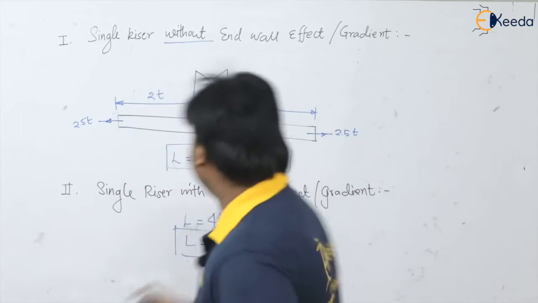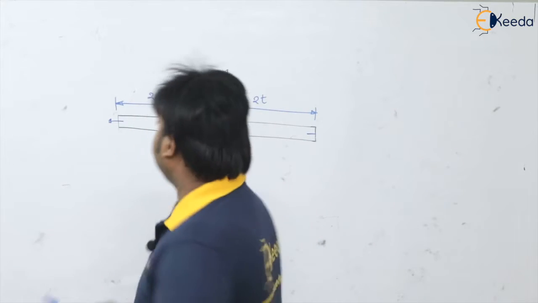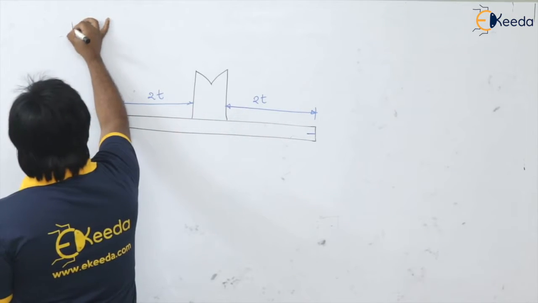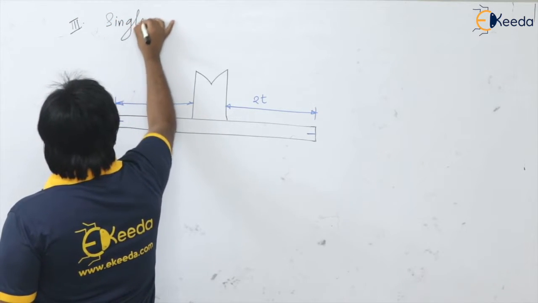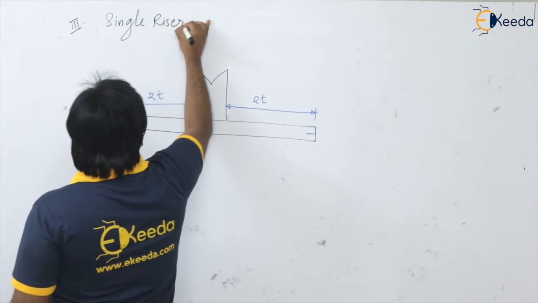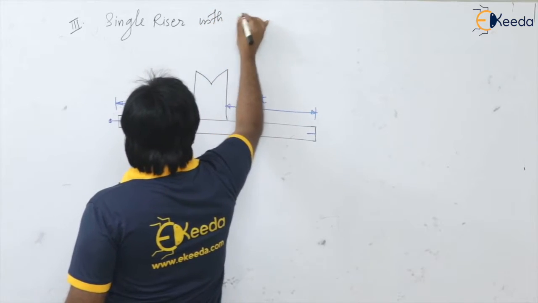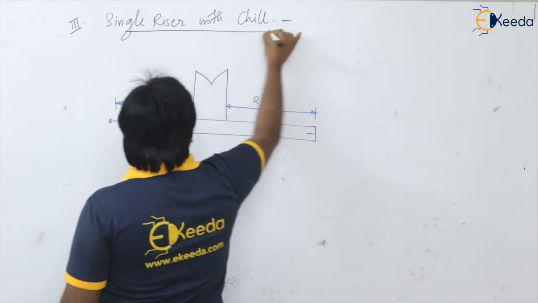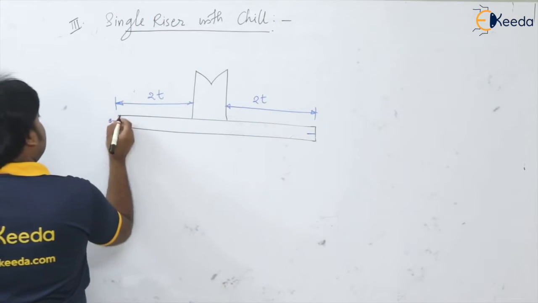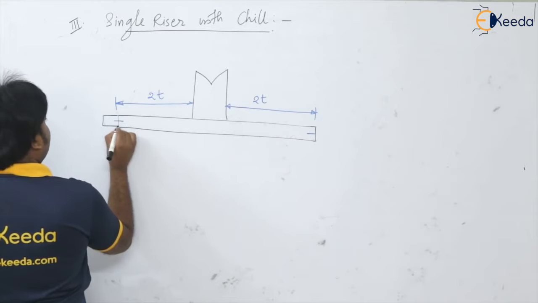Please, you can write the third case: single riser with the chill. Yes or no? So where to provide the chill? At this end I am providing the chill here.